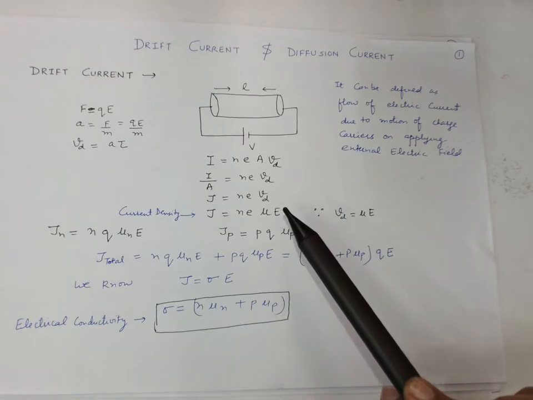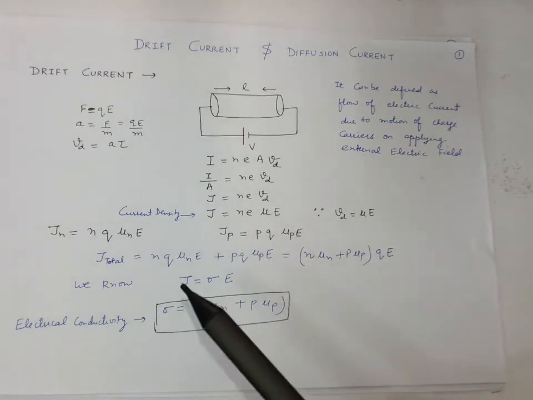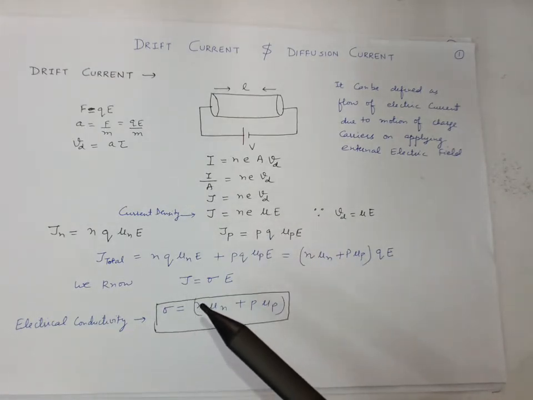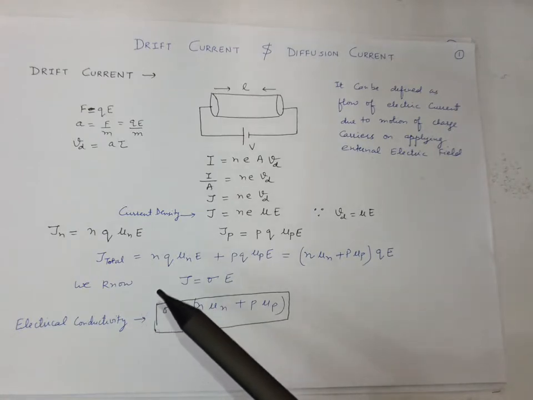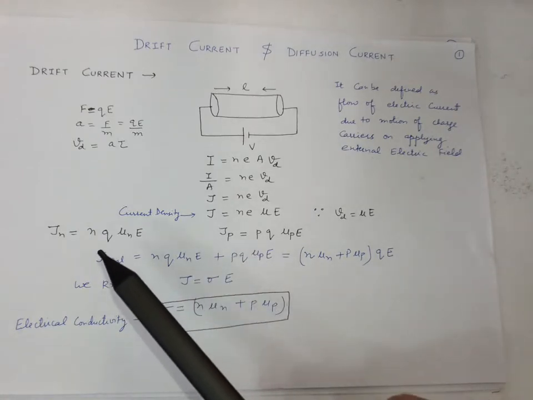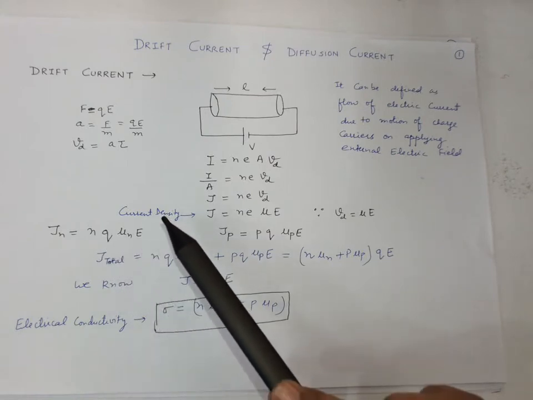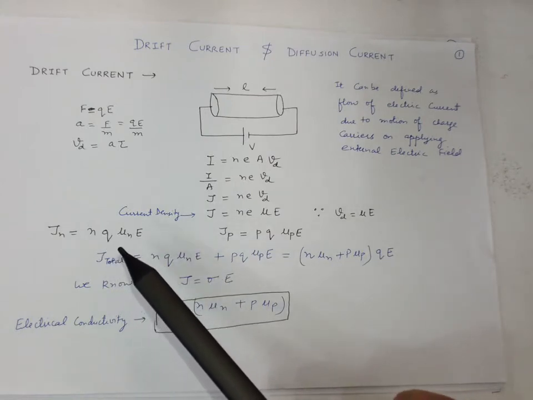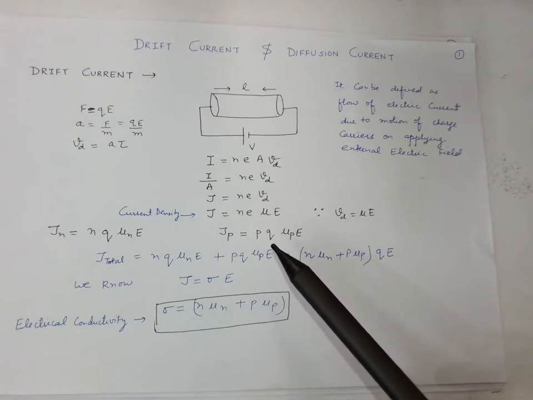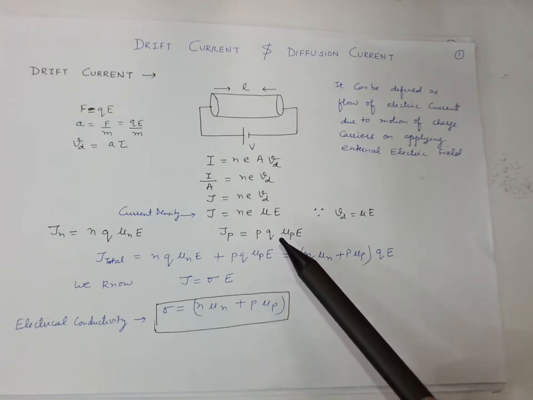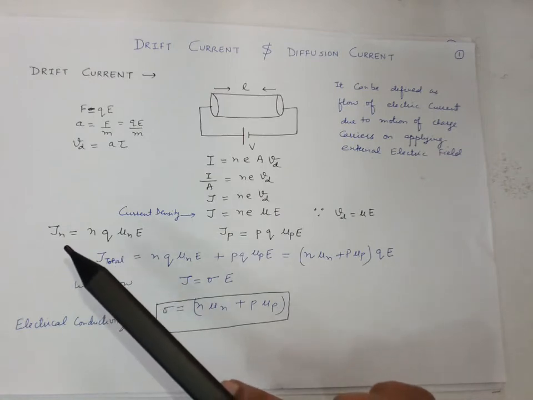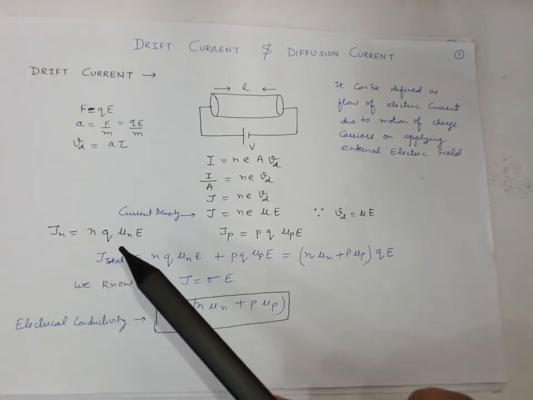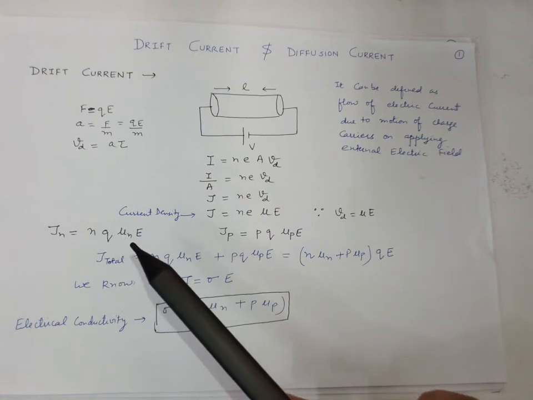Now since a semiconductor is a bipolar device, bipolar means we have to consider the current conduction due to electrons as well as current conduction due to holes. So here I have taken the current density because of electrons, as well as the current density because of holes. If I talk about the current density of electrons, it becomes nq mu n.